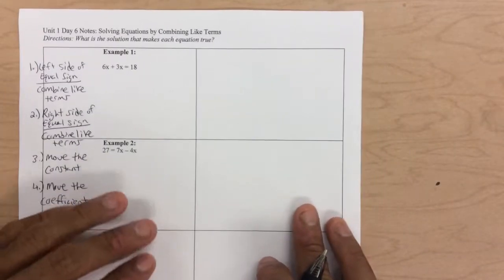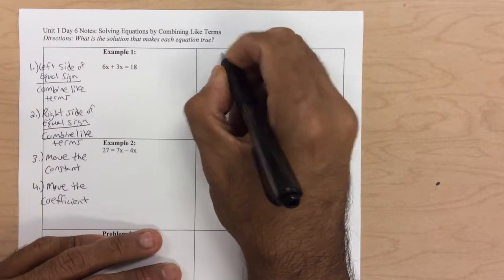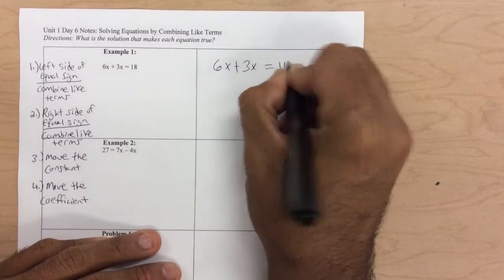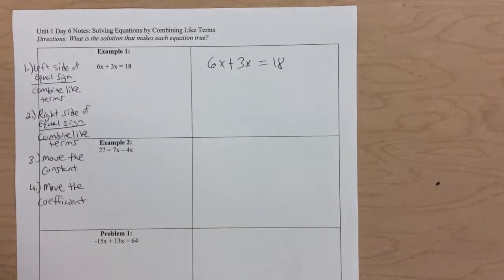So let's go ahead and do example 1. Now, example 1, I'm going to rewrite the statement so I can have some space to work them out. So my problem is 6x plus 3x equals 18. Step 1, look at the left side to combine some like terms.